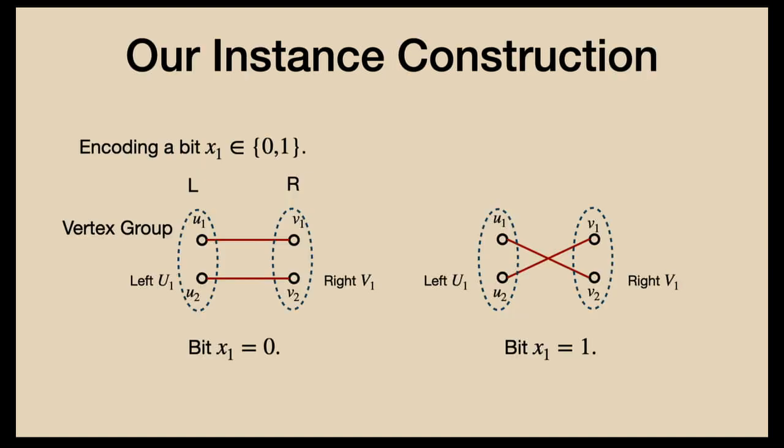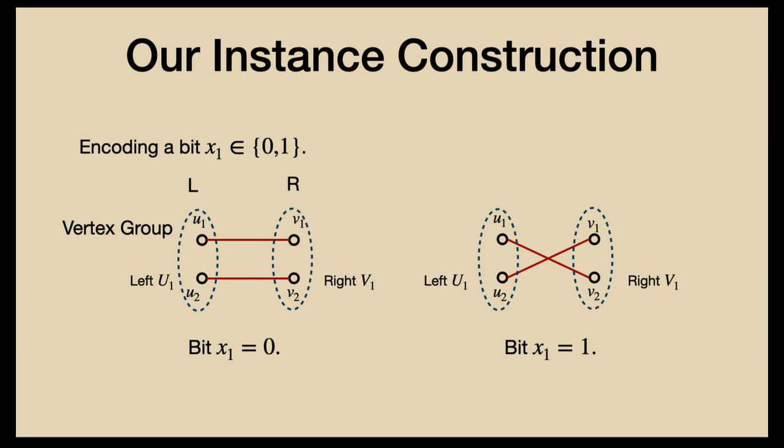Okay. So this is going to be a bit of a detour, but let's do it because we need this for all the gadgets. First I'm going to talk about encoding one single bit using groups of 4 vertices. So you have vertex group L, which is on the left, and vertex group R on the right. If the bit I want to encode is 0, I'm just going to add edges between the corresponding vertices on the other group.